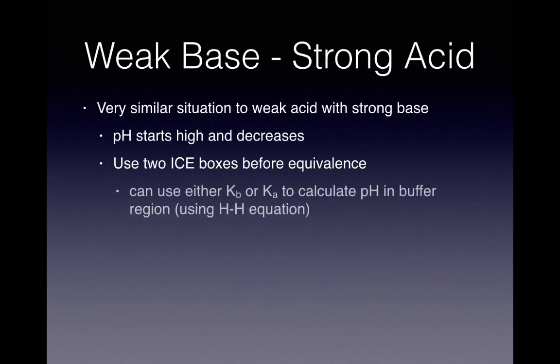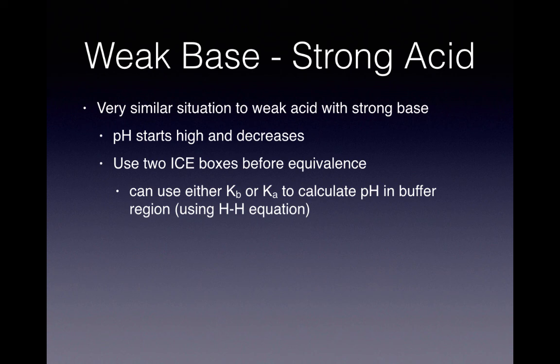Now when you're looking for the new pH, you can use either the Kb or the Ka and the Henderson-Hasselbalch equation to calculate that pH. If you're going to use the Kb of the weak base, you need to make sure that you adjust your Henderson-Hasselbalch equation appropriately.